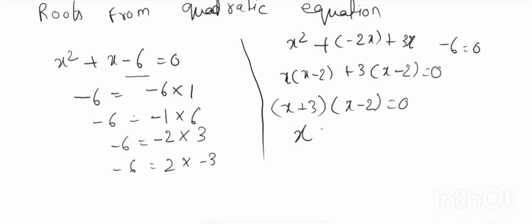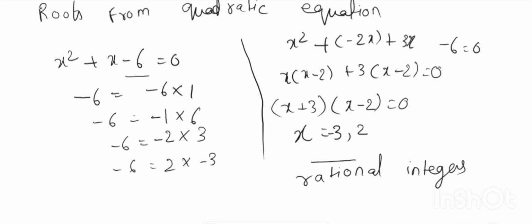Finally, we'll get x = −3 and 2. These are rational numbers, integers. We can use this method for rational numbers and integers.